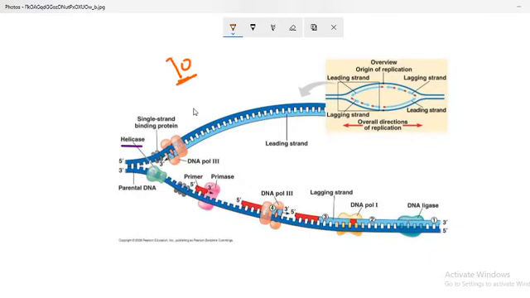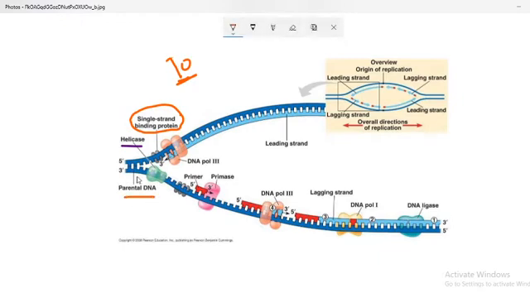Next to this are the SSB proteins, where when the DNA helicase separates the DNA, suddenly the SSBP proteins bind to maintain the separated single stranded forms.